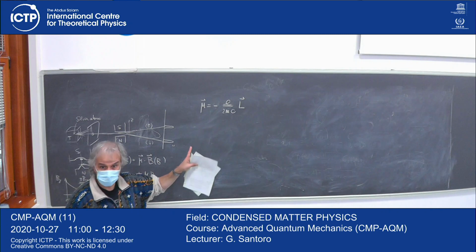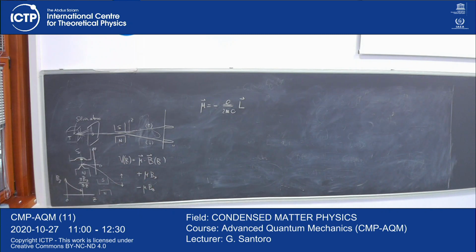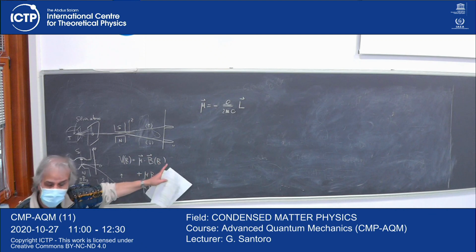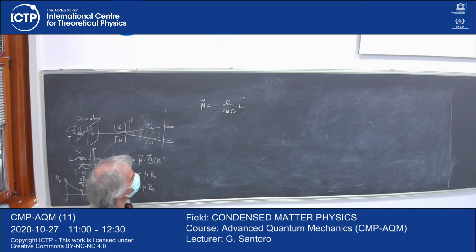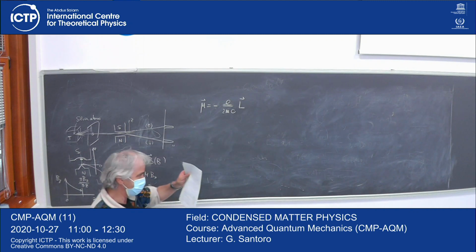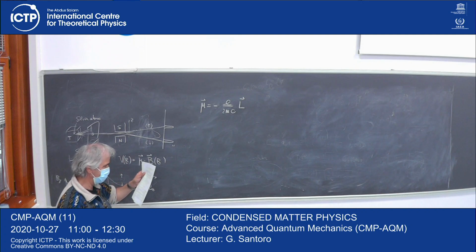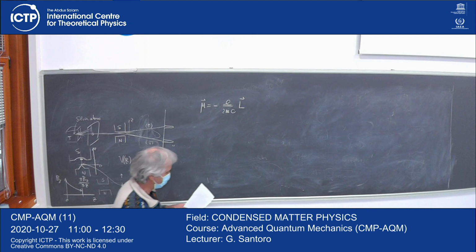This depends on the units you use. This is a very sad story about electromagnetism. I'm not responsible for that. This is not international units, this is CGS units, otherwise you would have no c there. Never mind.